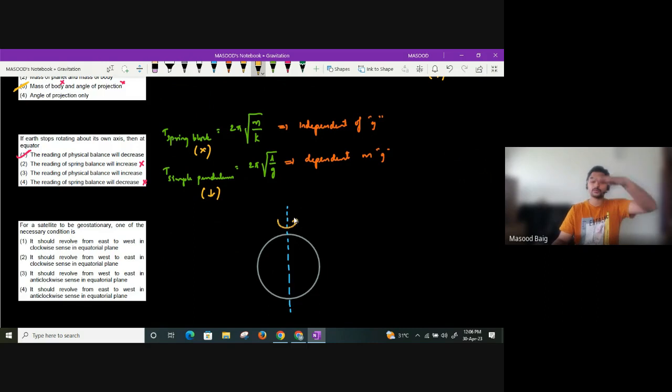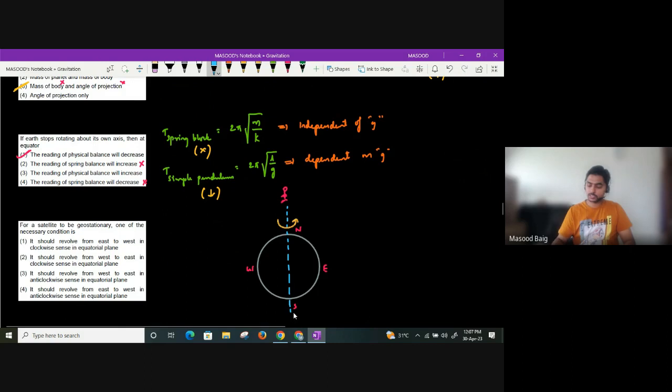If I observe from the top, standing at the pole with the Earth below, the Earth rotates in an anti-clockwise sense, from west to east. This is our north and this is our south.